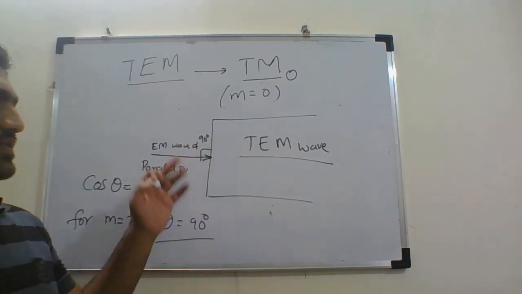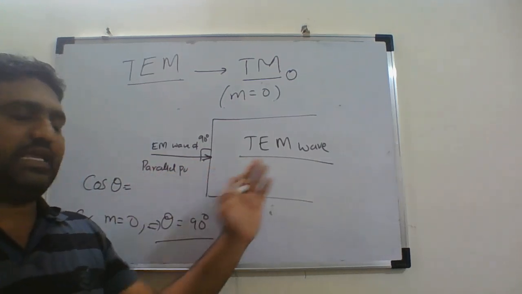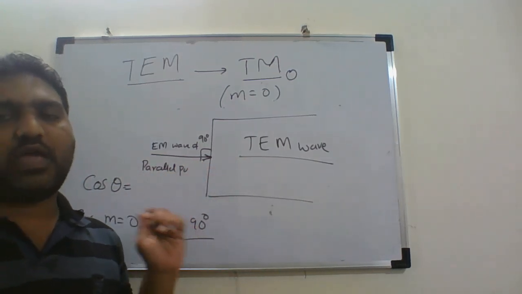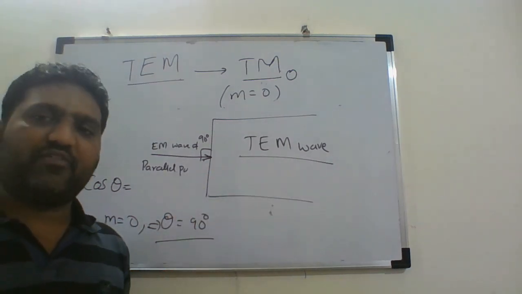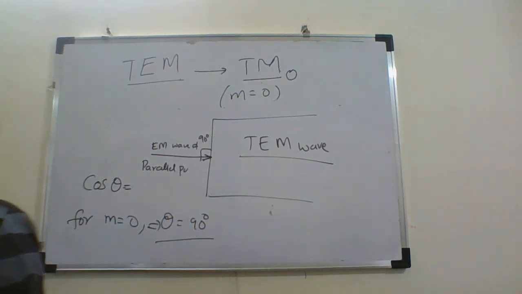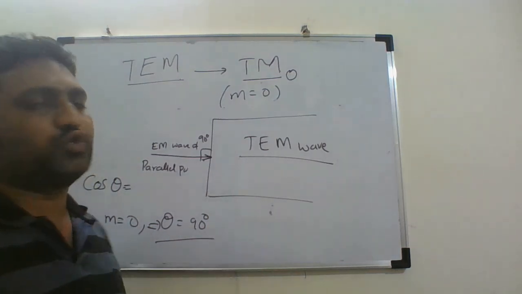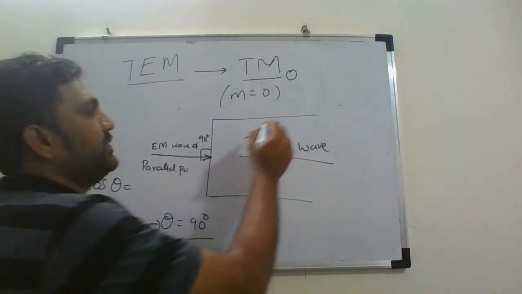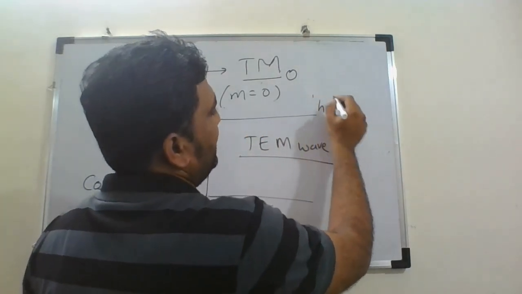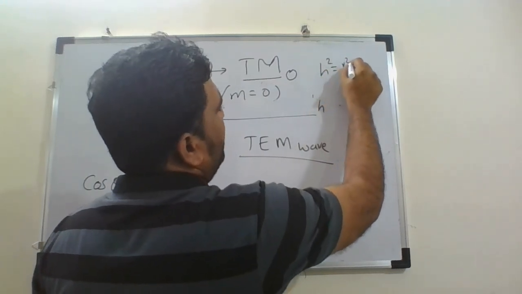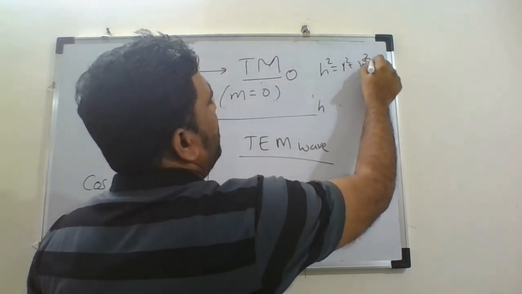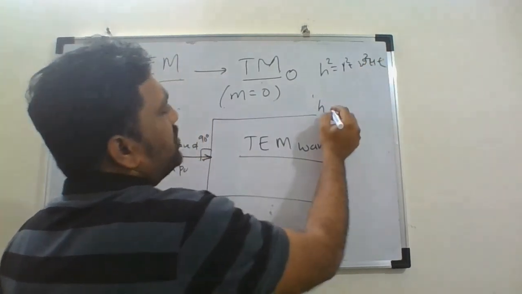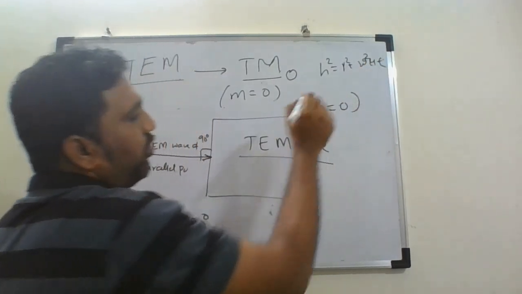Also, for the TEM wave, one important point is, if this TEM wave has to exist or propagate inside the structure, then the h value, the constant that we considered, h square is equal to gamma square plus omega square mu epsilon, should be 0.